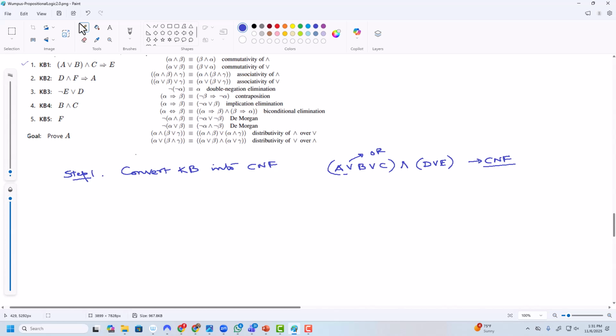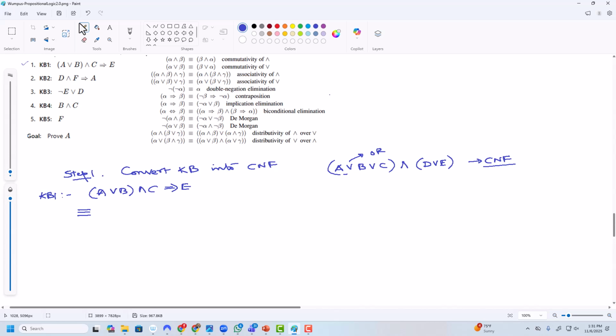So now the first step is to convert those sentences, KB1, KB2, into the CNF form. How do we do that? Let's say KB1 is A or B and C implies E. This is equivalent to, we have to apply those different inference rules.